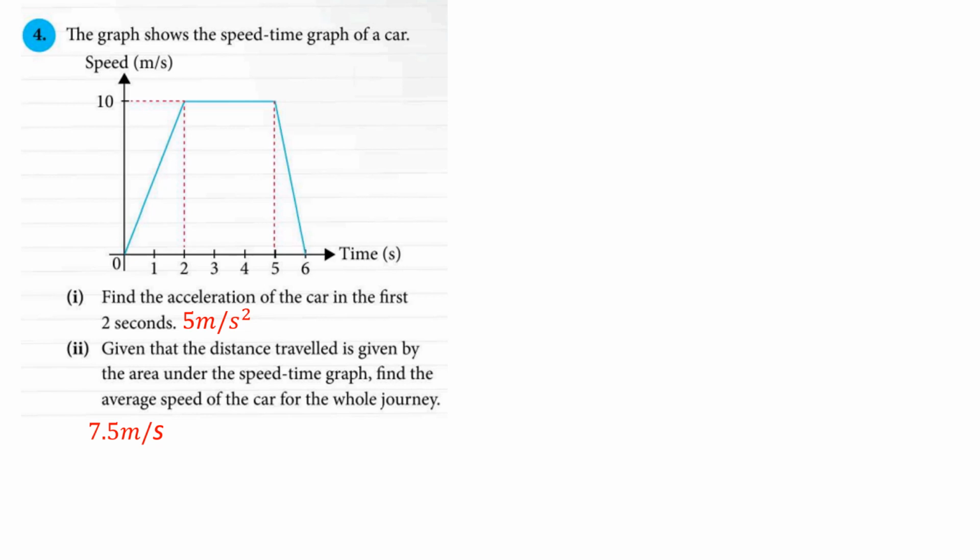Right, so now let's look at another question involving speed. Let's look at another question where the graph shows the speed-time graph of a car. You are asked to find the acceleration of the car in the first 2 seconds. So the acceleration is basically just the gradient of this line here.